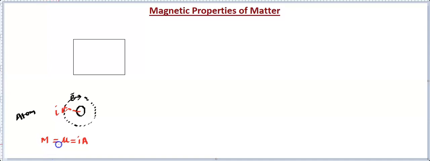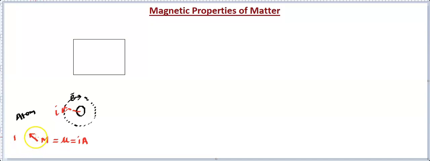So this magnetic dipole moment will be because of each and every individual atom. And since each individual atom carries a magnetic dipole, we have understood that a magnetic dipole is equal to a bar magnet. That means if the M is known to us, we can find what magnetic field it is going to create.